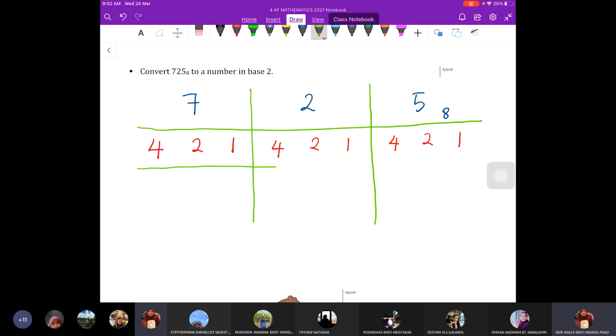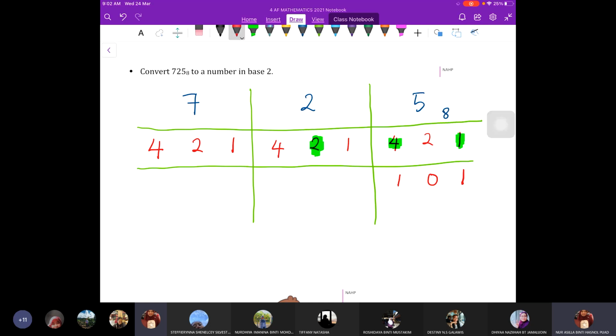Okay, kemudian kita tengok. Nak dapatkan 5, I only need 4 and 1. So saya punya base 2 will be 1, 0, 1. Untuk blok yang pertama. And then untuk dapatkan 2, I only need 2.